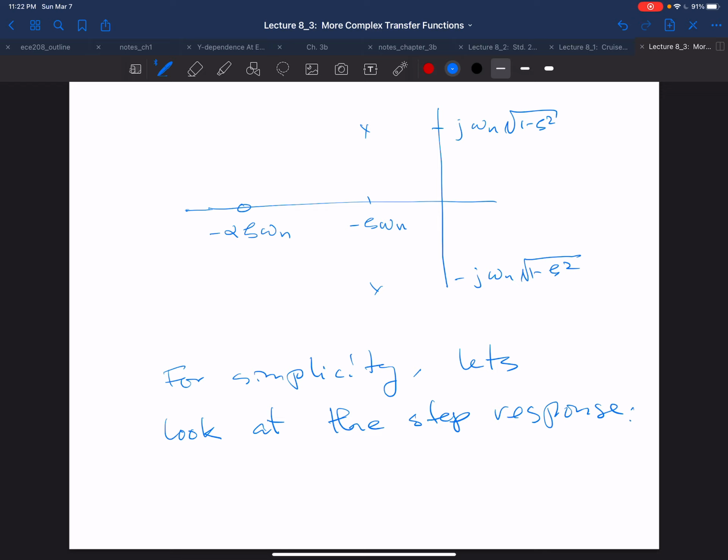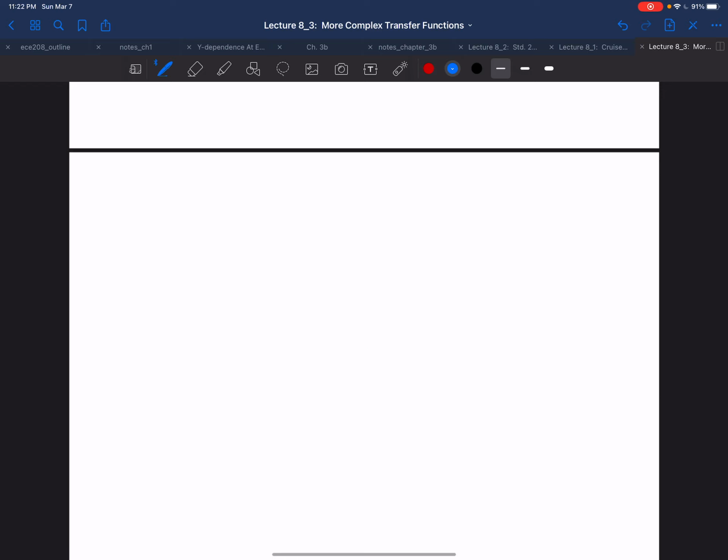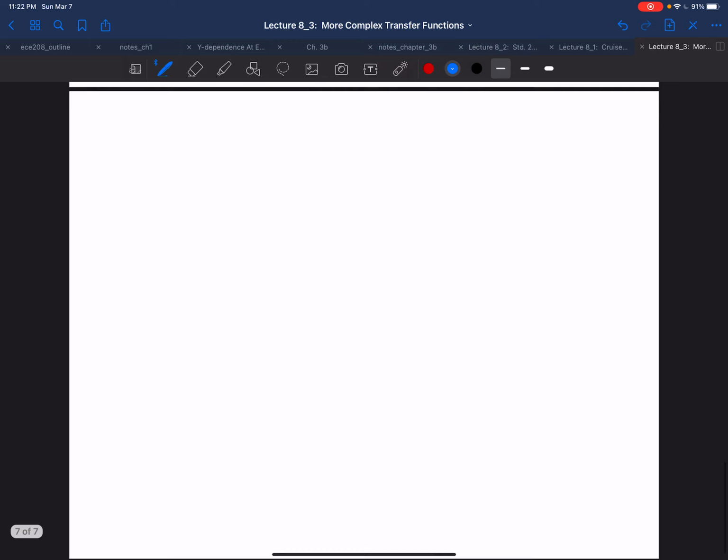As always, we get the step response by multiplying the transfer function by 1 over s.